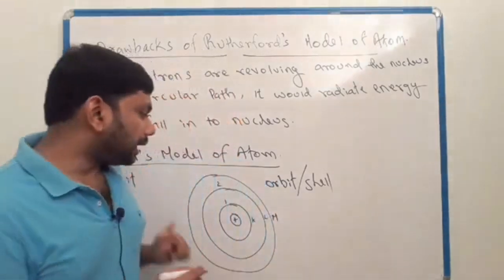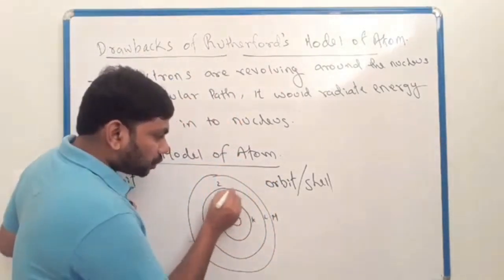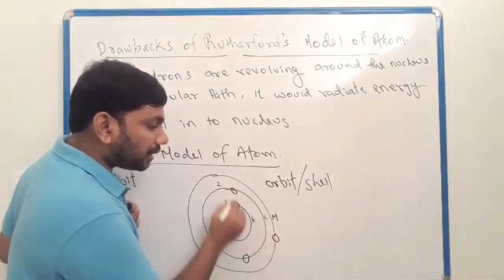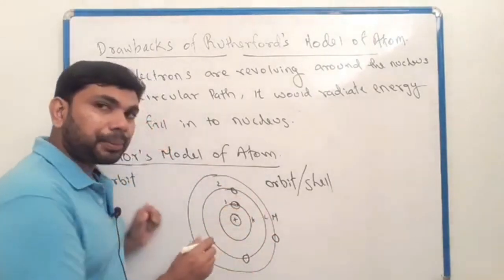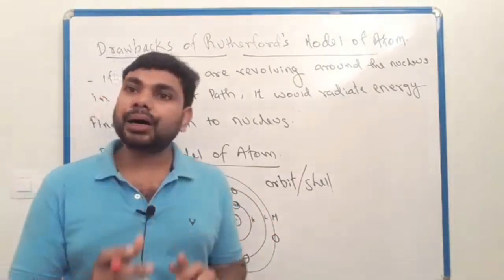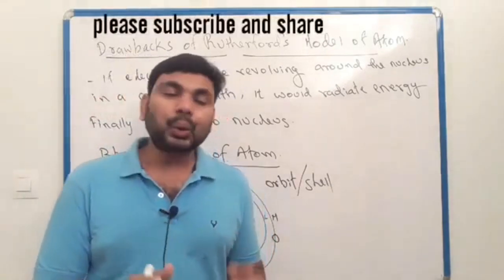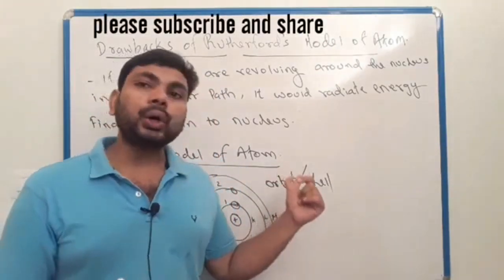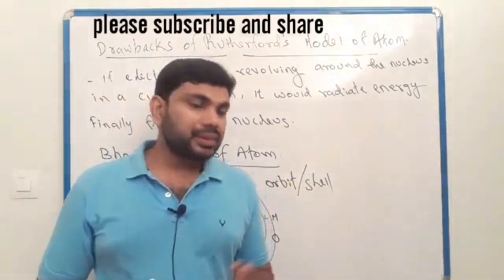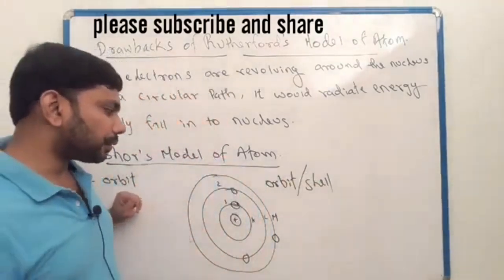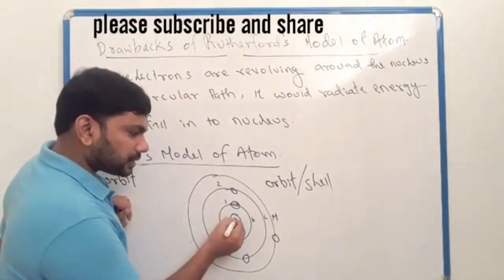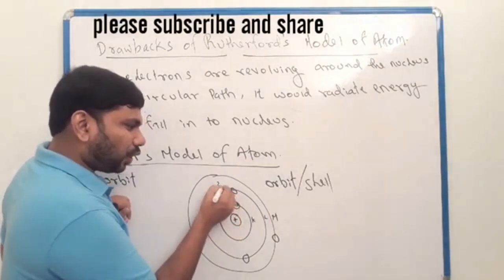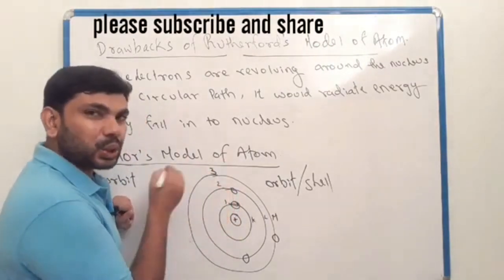Here we can see electrons revolving around circular paths. This circular path is called an energy level, or you can say orbit or shell. This term was introduced by Niels Bohr. So here this is the nucleus, first orbit, second orbit, third orbit, and so on.